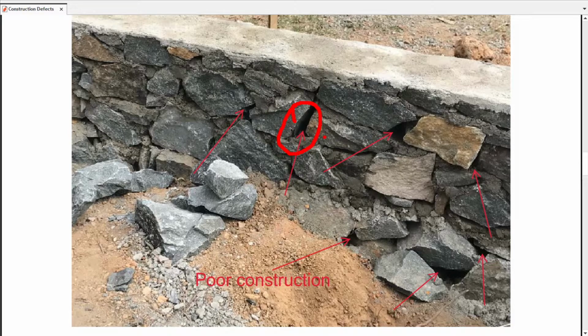Therefore, when you're doing the construction, you have to put the mortar wherever required. As you can see here, there are so many cavities, and this is purely a failure of the contractor. They have not supervised the construction work properly. If they had done it properly, they should have filled these gaps with the mortar.